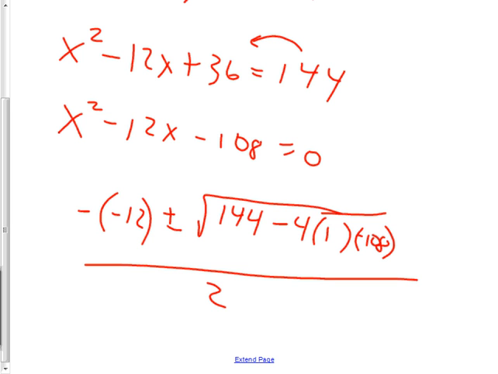It'll graph, because look in here. That's the discriminant. Is it going to come out positive or negative? Positive. So it will graph and give me an answer. Two answers, in fact. But if I just finished with the quadratic formula, I'd have it. I'd probably need a calculator, though, because I don't know what 4 times 108 plus 144 and then the square root of that is.